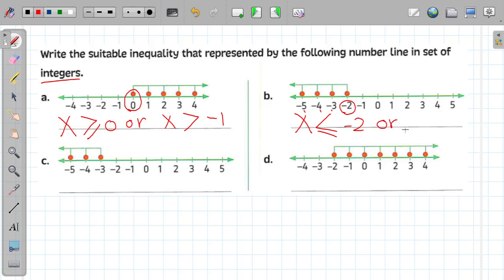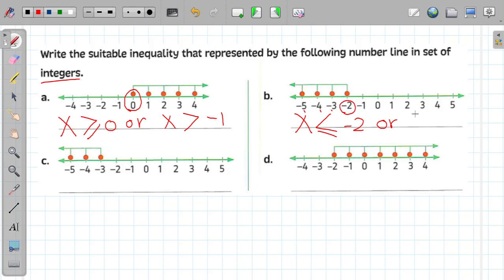Or maybe I am starting with numbers that are less than -1, but I don't have -1 here because I'm not having the equal sign in the inequality.